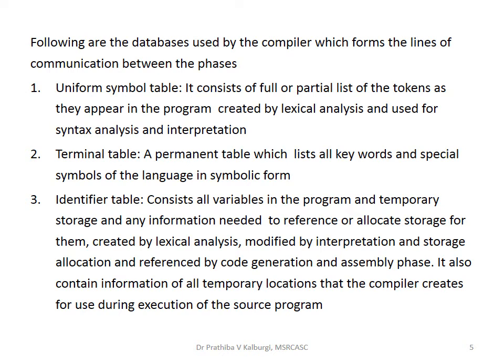What is your identifier table? So identifier table is going to consist of all the variables in the program and the temporary storage, as well as the information needed to reference or allocate storage for them, which is being created by the lexical analysis, modified by the interpretation phase as well as the storage allocation, and then referenced by the code generation, and lastly by the assembly phase.